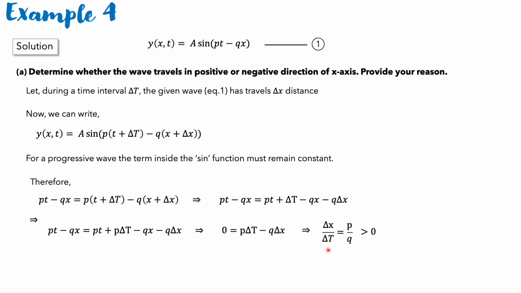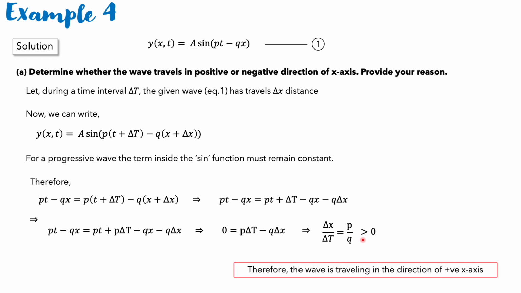This is the velocity, distance divided by time. So p over q, these are positive. How do we know that this is positive? Because in the question it was given that p and q are positive values. So since both of these are positive values, we can easily say that this term is greater than 0, or it is positive. Therefore we can say that the given wave is traveling in the positive x-axis direction.